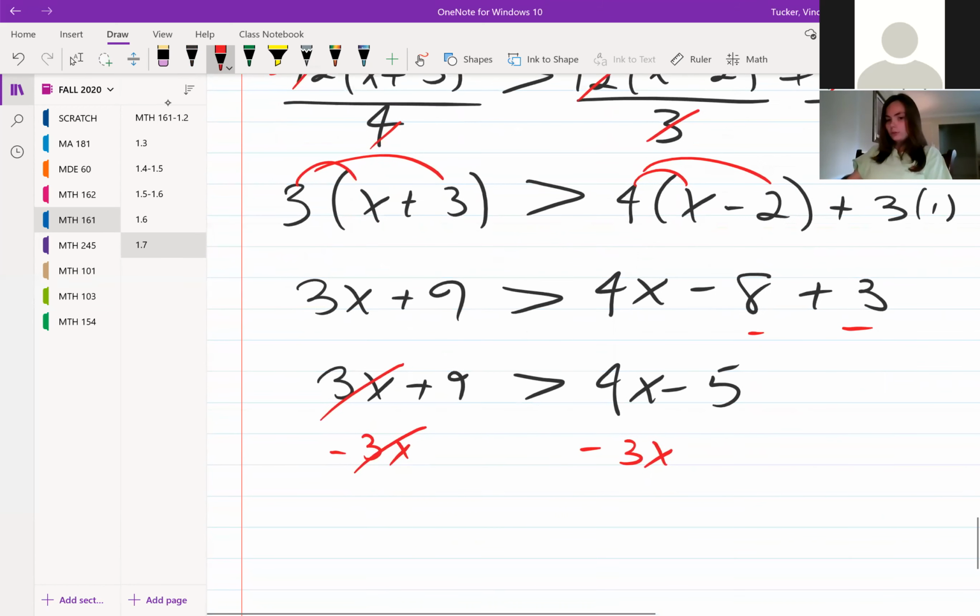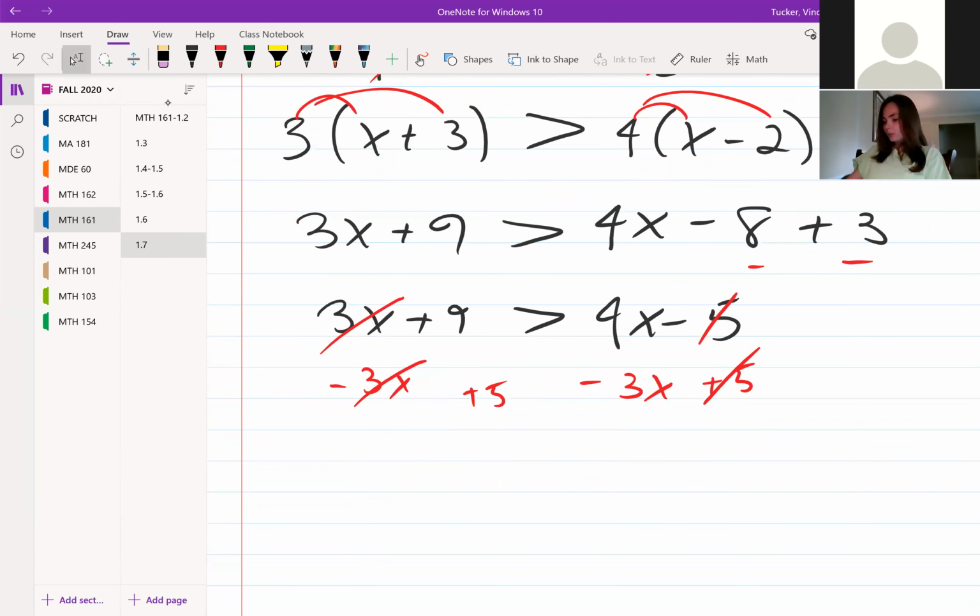I'll do this to emphasize something. So I added 5 to both sides, subtracted 3x from both sides. So the 3's cancel out on the left, the 5 cancels out on the right. 9 plus 5 is 16. Oh, I said 16, excuse me, 14. All right. So we have 14 is greater than x.